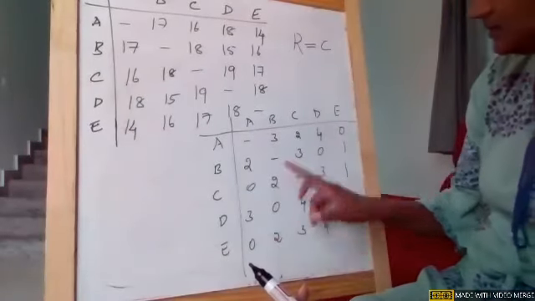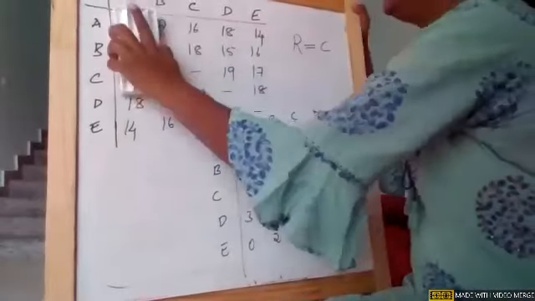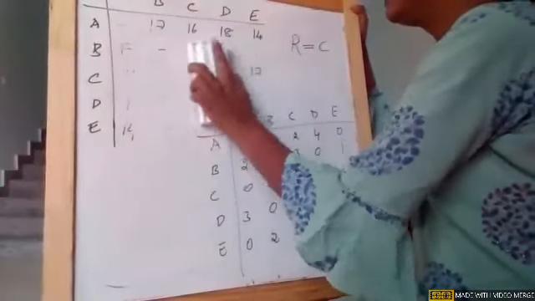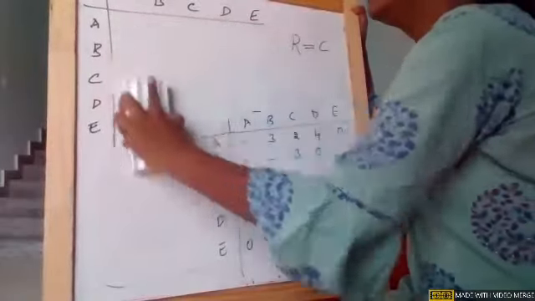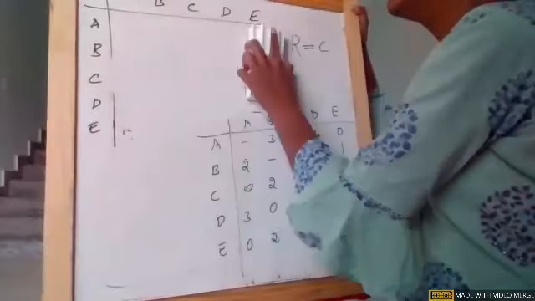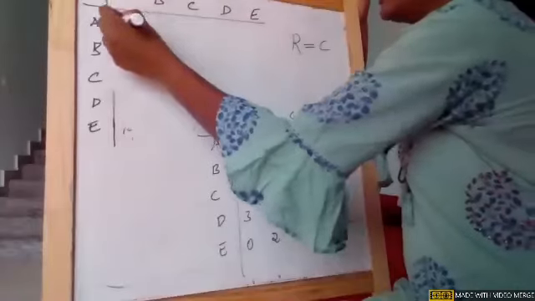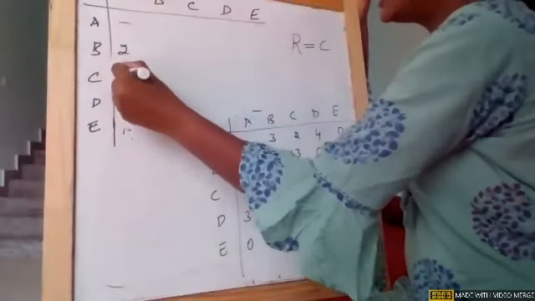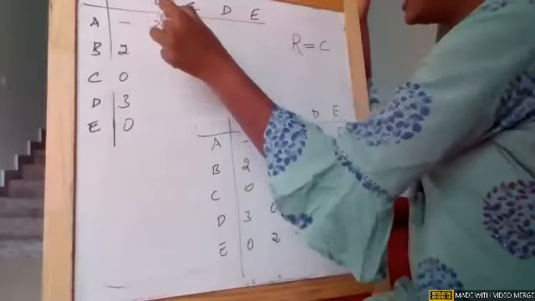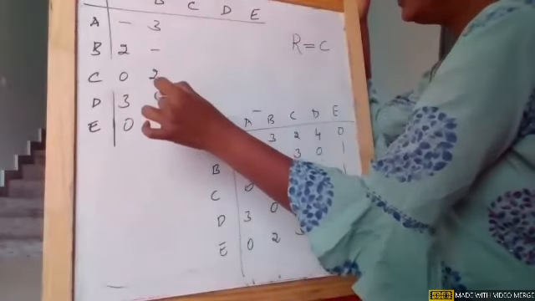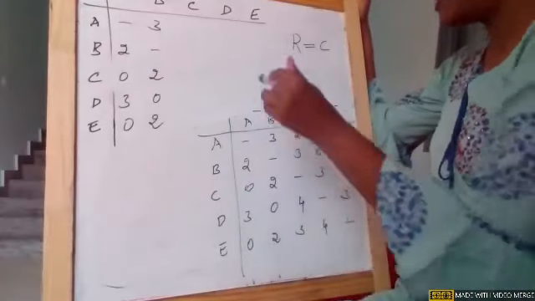So now when I come to columns, when I'm going column wise, again, first column remains unchanged as it has 0. Second column remains unchanged as it has 0. Third column, you can see the smallest value is 2.